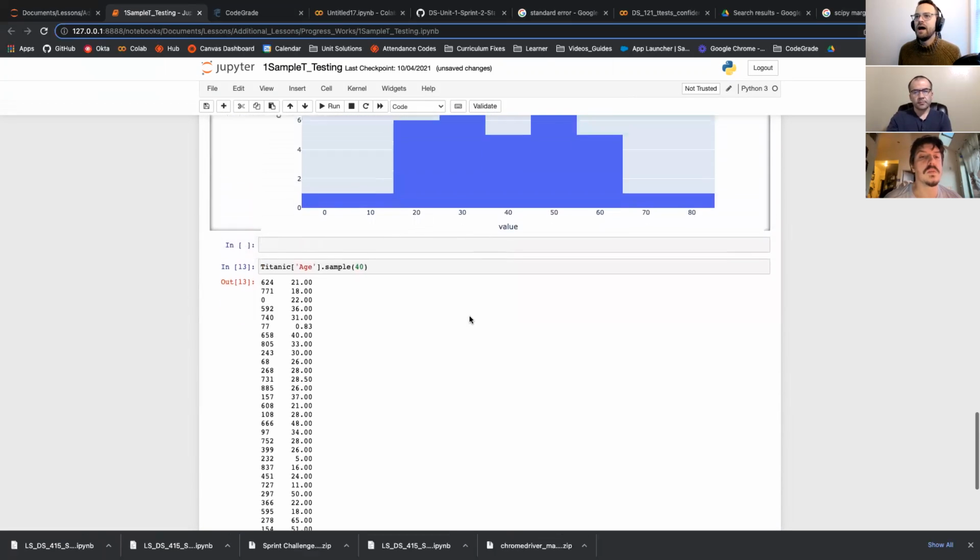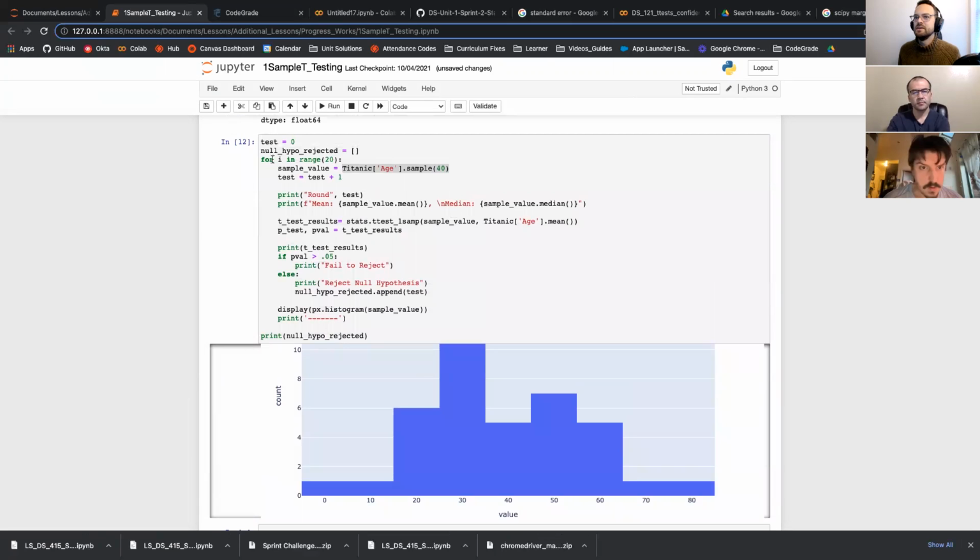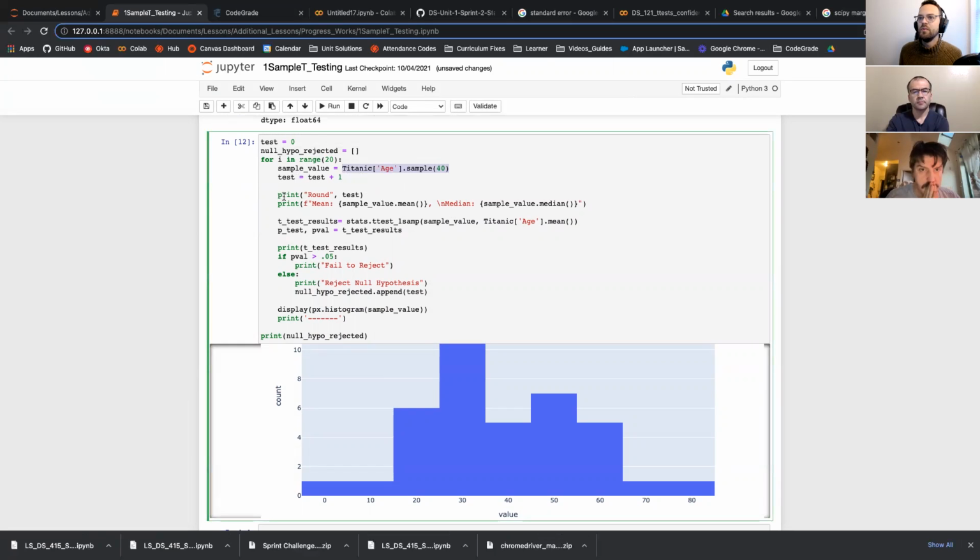What happens is I do this 20 times: take a sample of 40 values from the Titanic age, run that sample mean against the mean and the median, and run that against a one sample t-test. So the results of that one sample, run that as a one sample t-test against the mean of the Titanic age. Run through this evaluation. And then once that initial loop is done, go back to the very top and do it 19 more times.